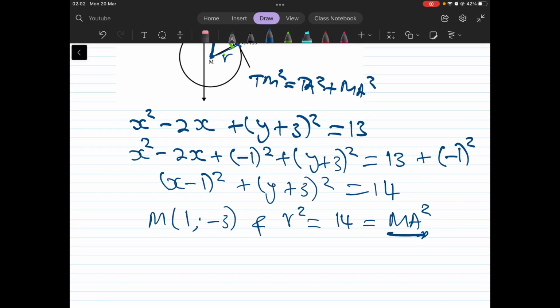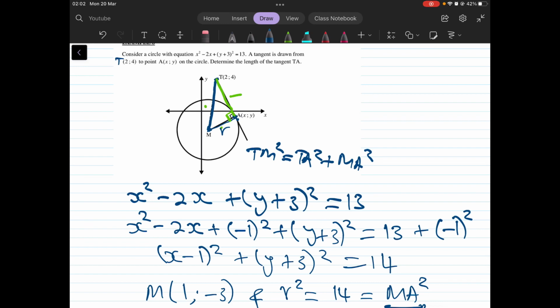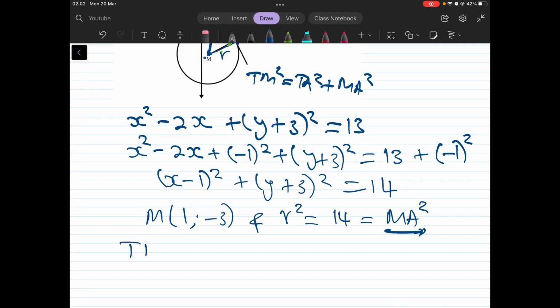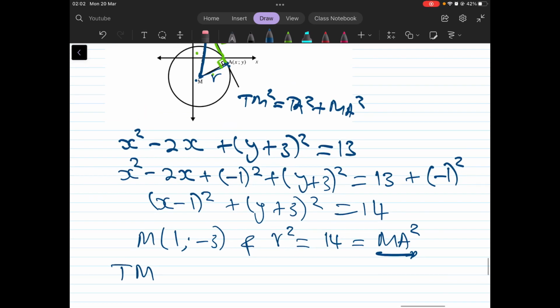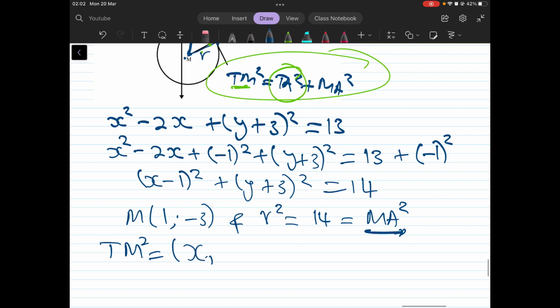From here we can calculate the distance TM. Remember, we are going to use this to ultimately solve for TA, so we just need TM squared. We're still going to use the distance formula, which is xt minus xm all squared plus yt minus ym all squared.